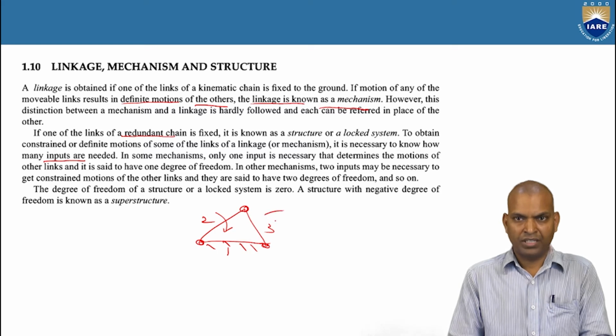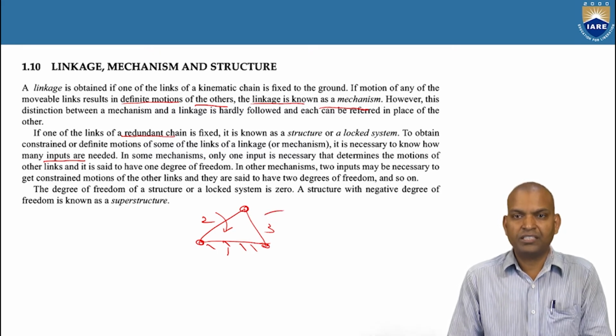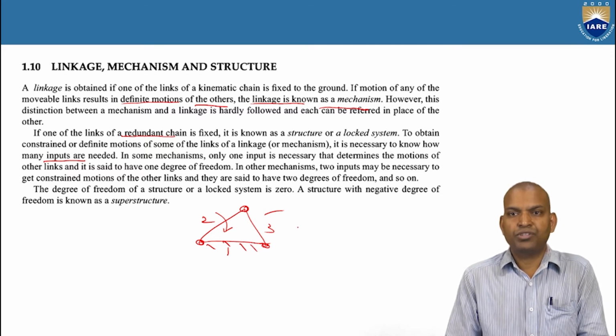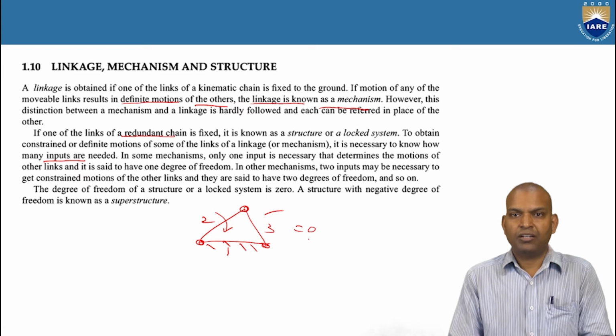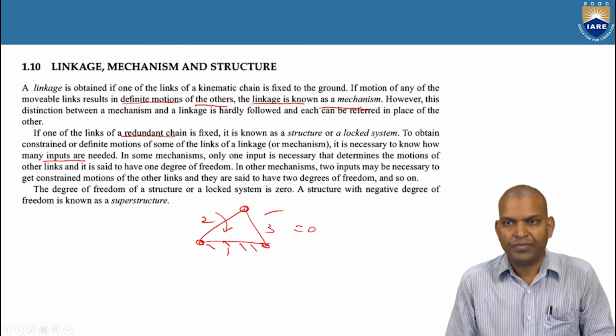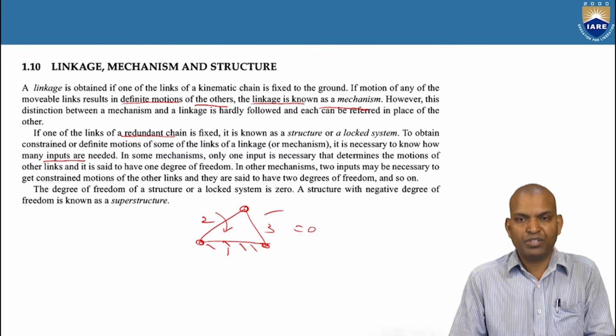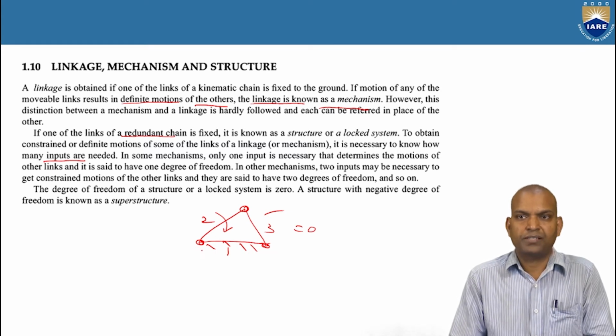It can't be transferred. Why? It is a structure. The degrees of freedom of these 3 links is 0. Then it is called a locked system or structure. A structure with negative degrees of freedom is called a superstructure.